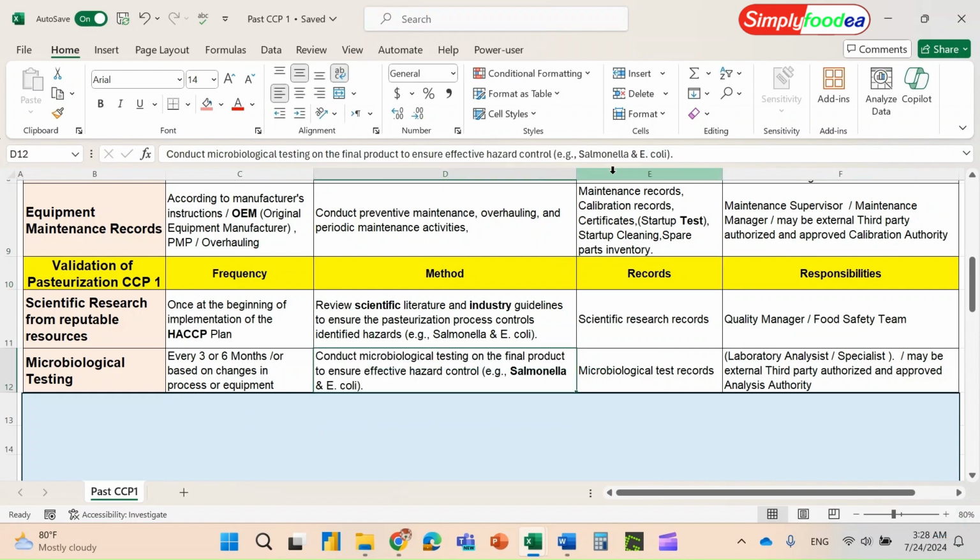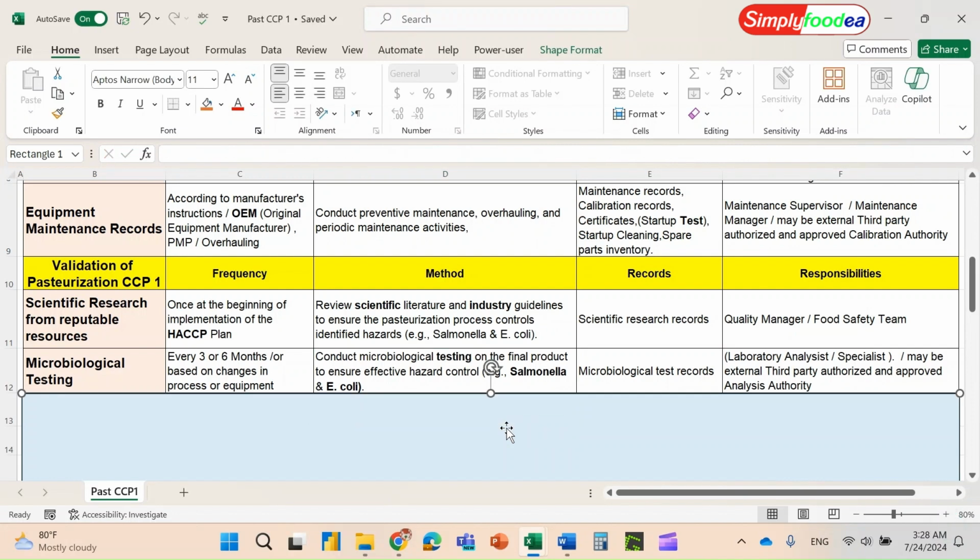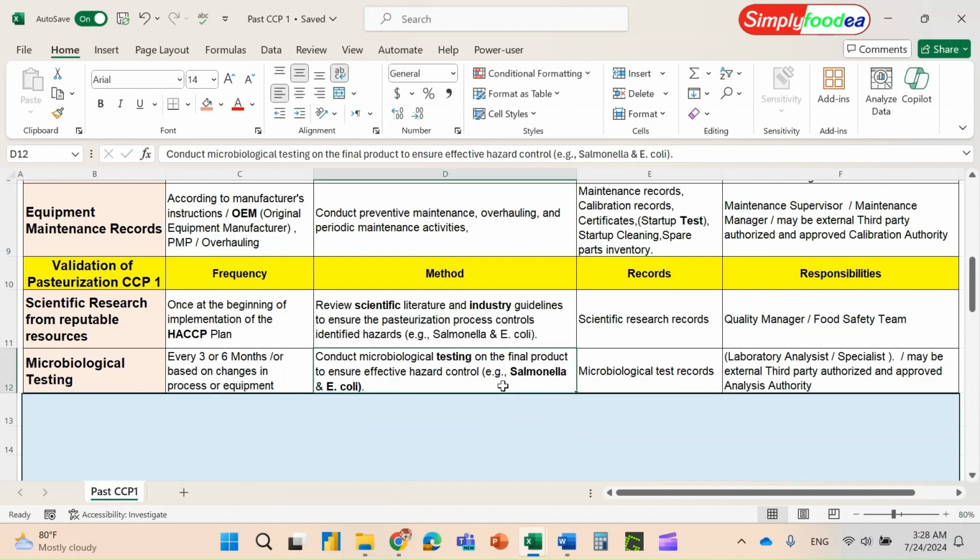So I am ensuring that I am using the right way to control and to detect any deviation in the microbiological infestation, and that these tests are used properly for Salmonella and E. coli. The records will be the test records, and the responsibility is the laboratory team.